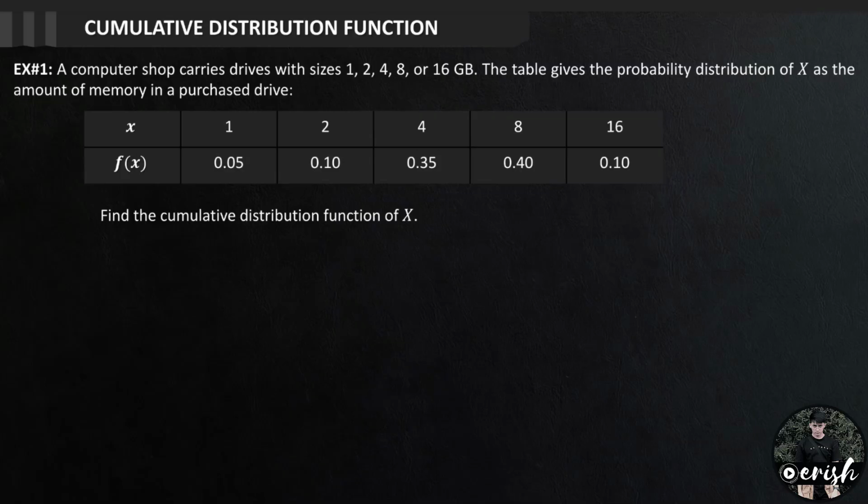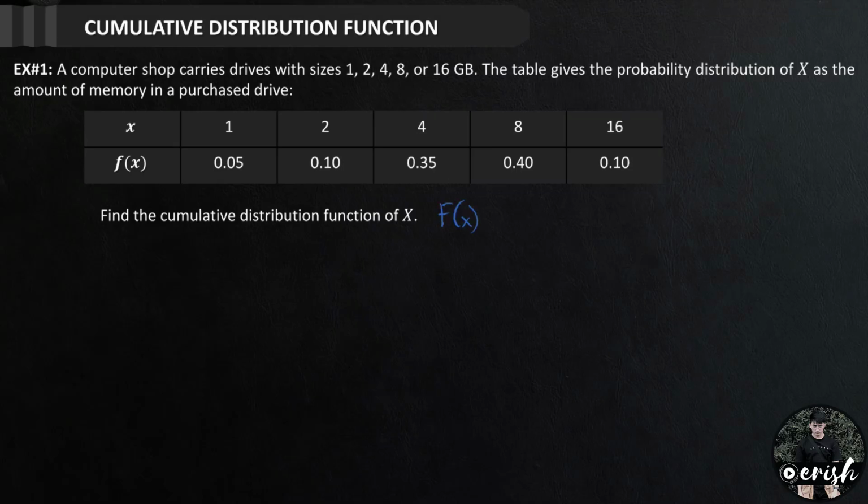So, let's start with determining first yung F of x natin for each of the 5 possible values ng x natin. So, we have 1, 2, 4, 8, and 16. For F of 1, again, ang cumulative distribution function, dinedenote natin siya as F of x.